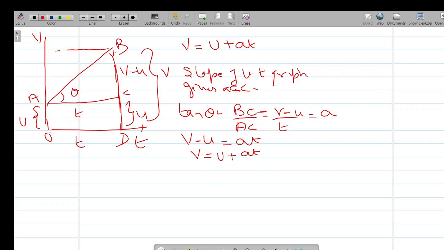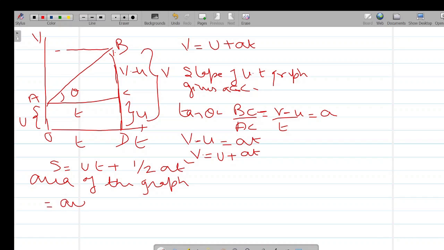motion. The second equation of motion, S is equal to ut plus half AT square. Since we have to find displacement, we will find the area of the graph. And what is the area of the graph? The area of the graph is equal to the area of triangle ABC plus the area of rectangle OACD.